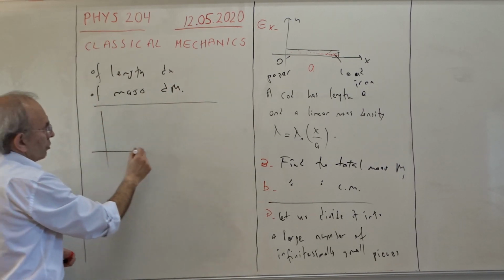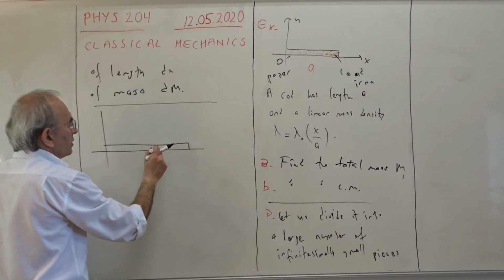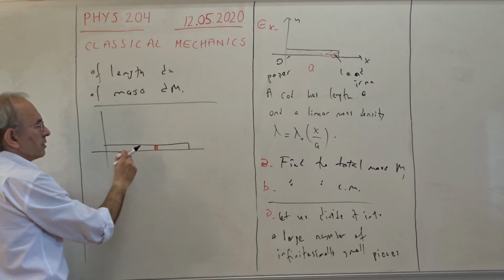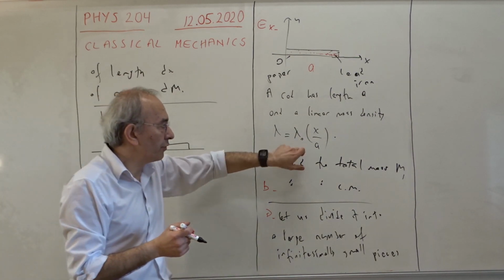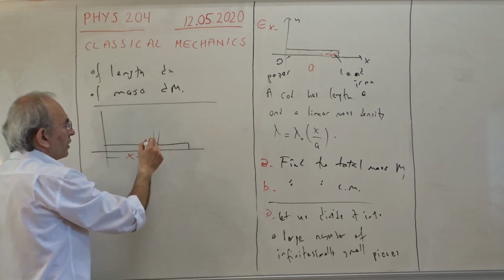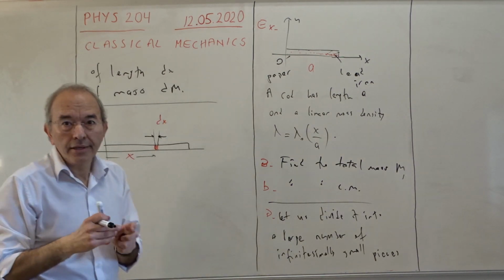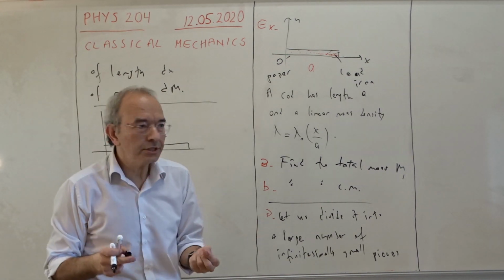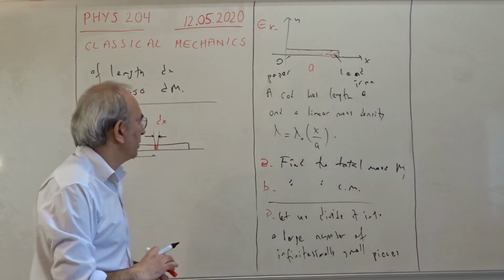Let me draw the picture again. We have the rod, and let's consider one such piece. That piece is at the distance x from the beginning, because x is important. This function is given in terms of a, and the piece has a thickness dx, but no area. Since we don't have an area element, we have the length element, and therefore we have the linear mass density, not surface mass density.